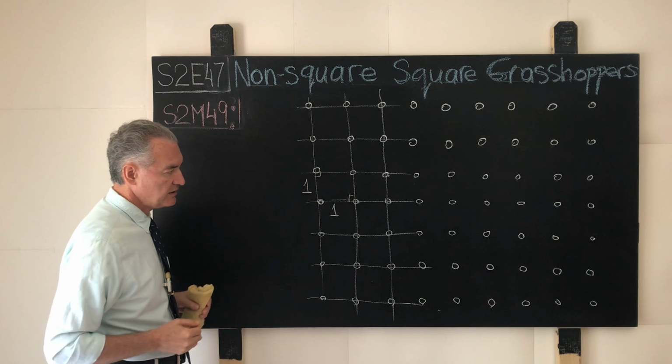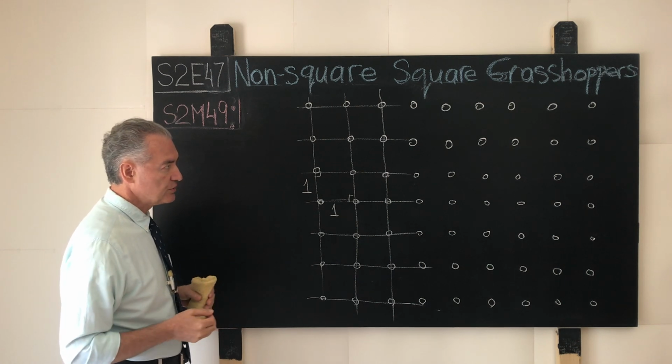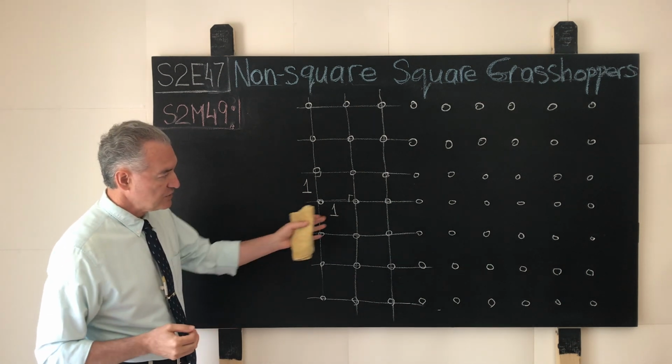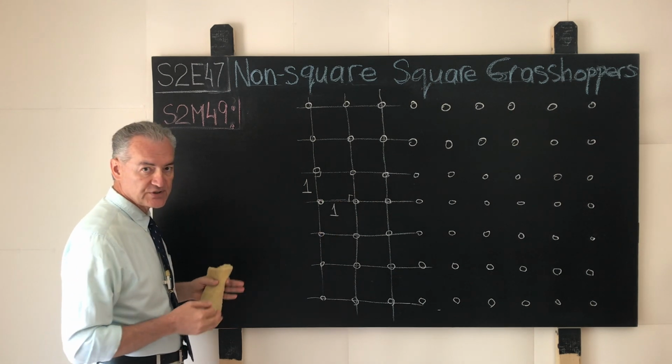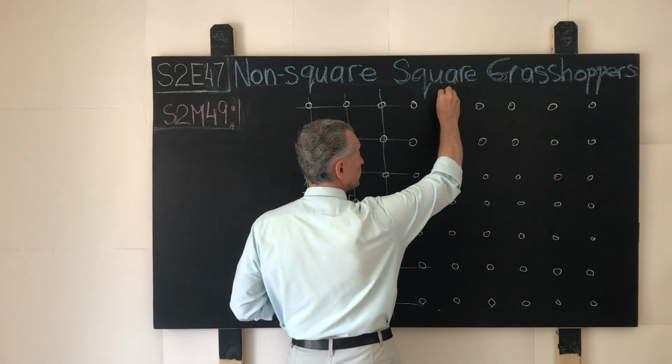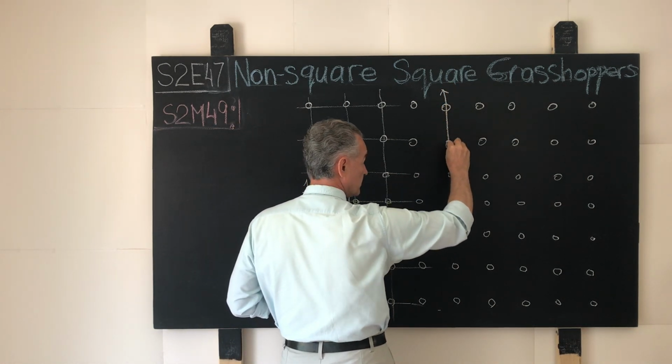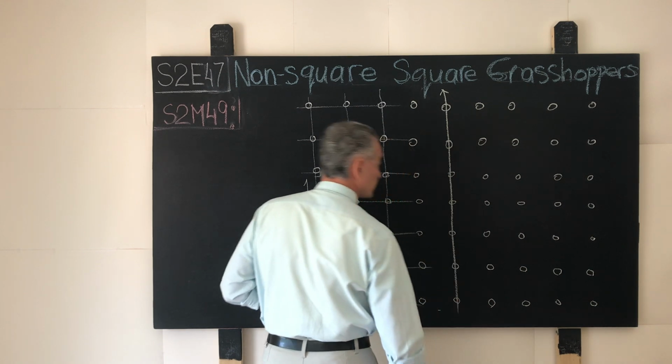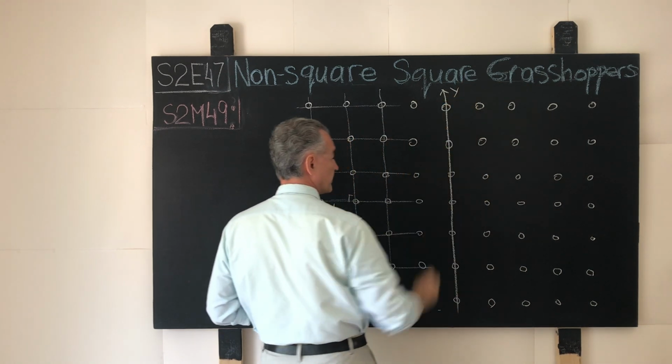Now, in such a lattice, we can pick one of the straight lines from, let's say, the logically vertical family of parallel straight lines. Let's say we pick this one and we name that straight line the y-axis.